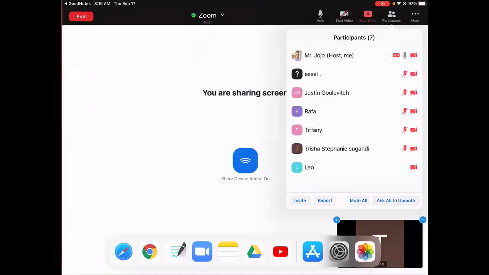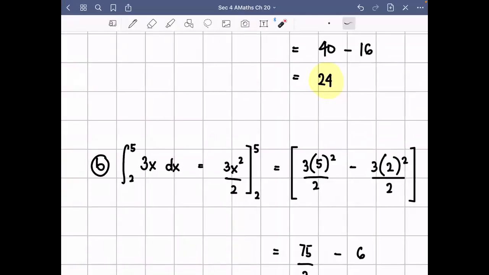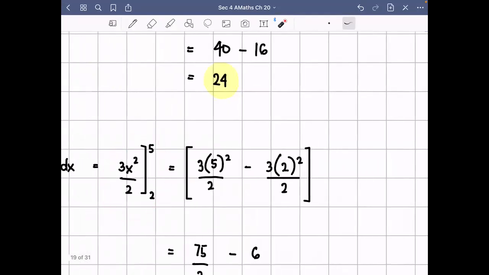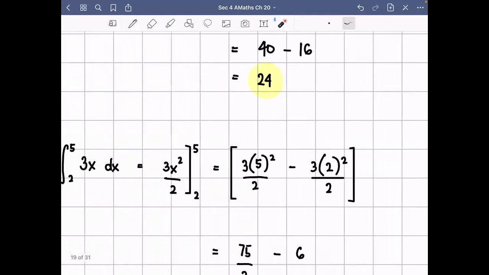Now we're here. What do we do next after this? We solve for the upper and the lower limit: upper limit minus the lower limit. Using this expression here, we just plug in the upper limit first.